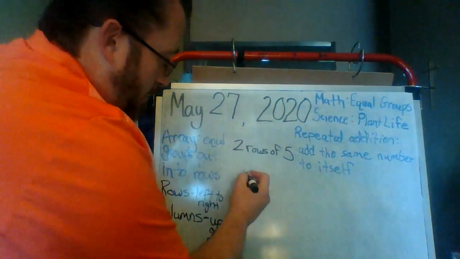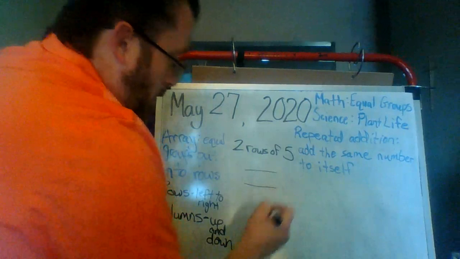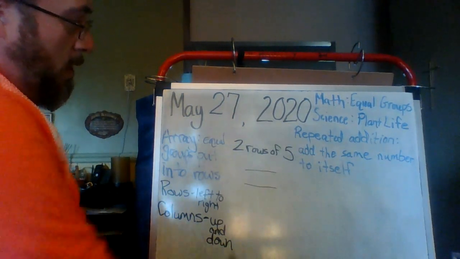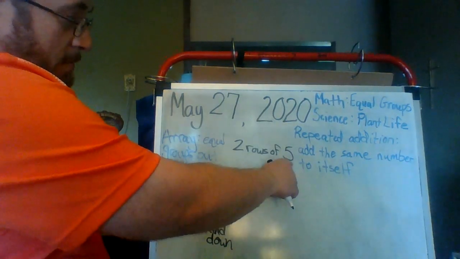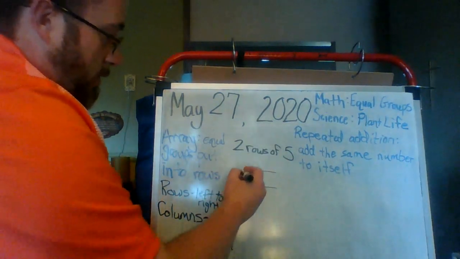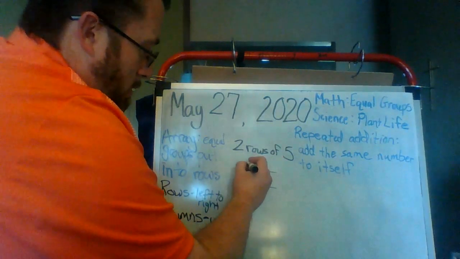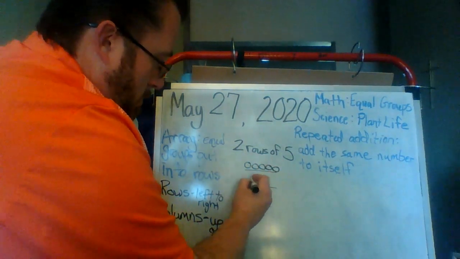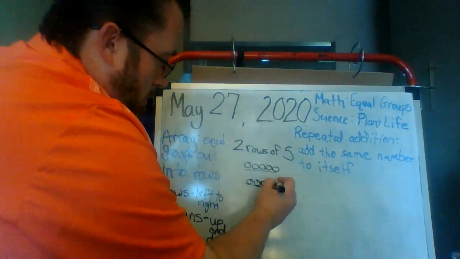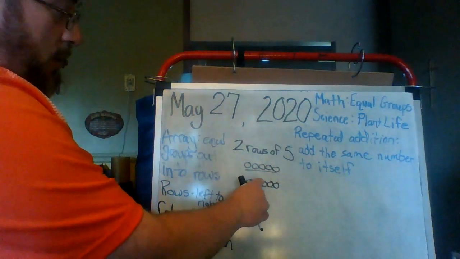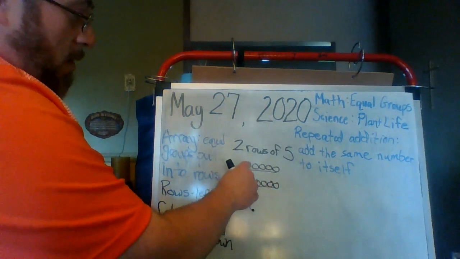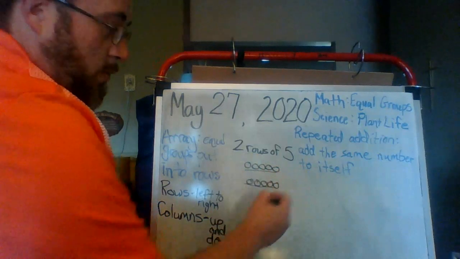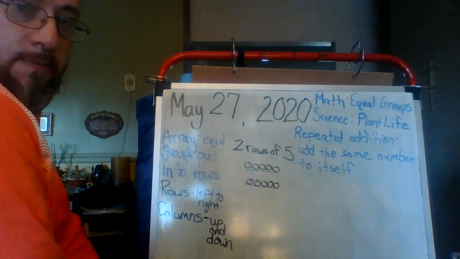So I'm going to have 2 things going left to right. And obviously there's going to be 5 in each of these rows. So I just drew 1, 2, 3, 4, 5. 1, 2, 3, 4, 5. I have 2 rows of 5.